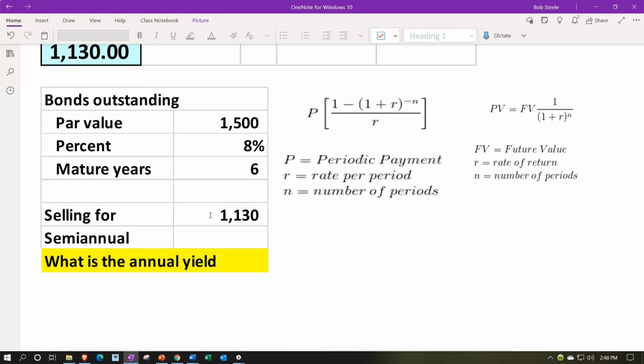And if they're at a discount, then we would imagine that the rate on the market must be something greater than the 8%, so that people can get similar bonds and get a higher rate, and therefore force these bonds to be sold at something less than the par value. That's why it's sold at less. Therefore, we would expect the rate to be something greater than 8%.